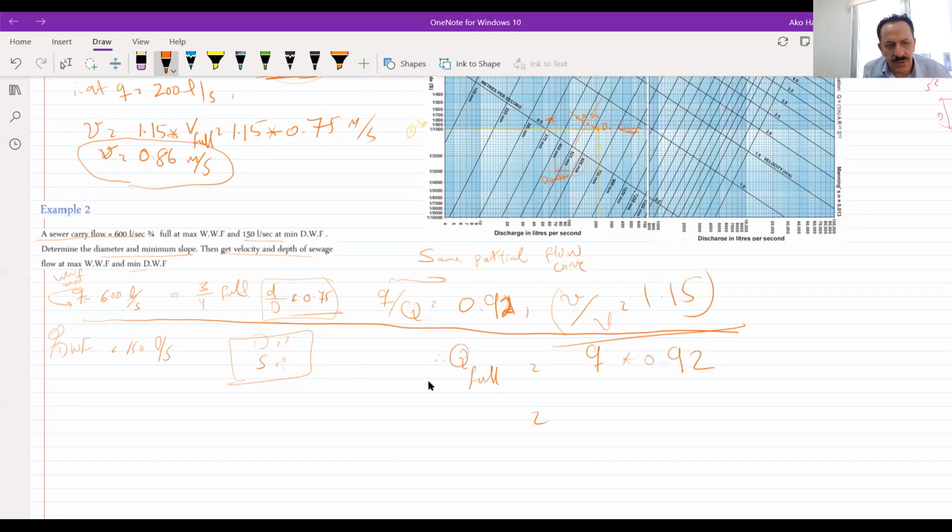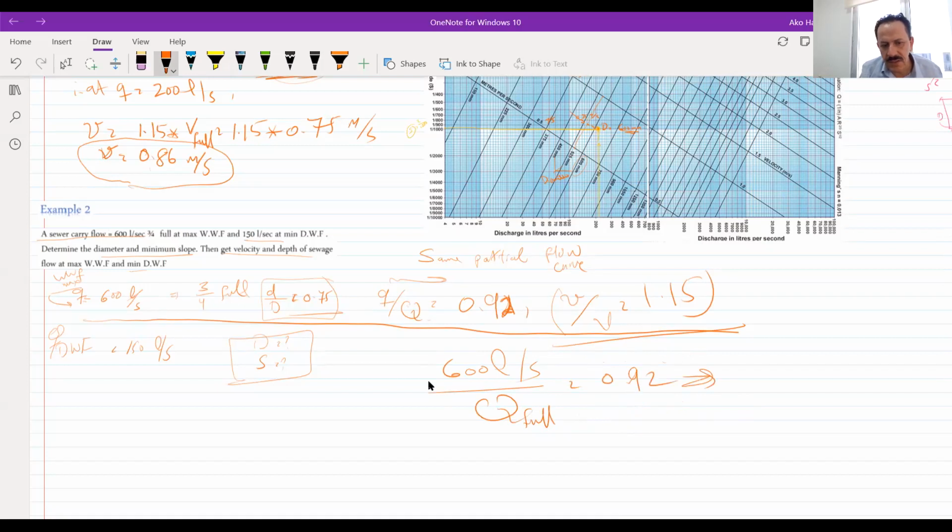q times 0.92, which is equal to 600 liter per second times 0.92, which means, oh, I'm sorry, no, divided by. So 600 liter per second divided by Q full will give you 0.92.